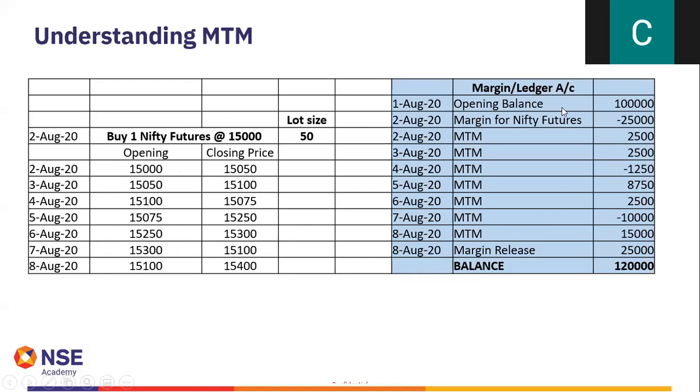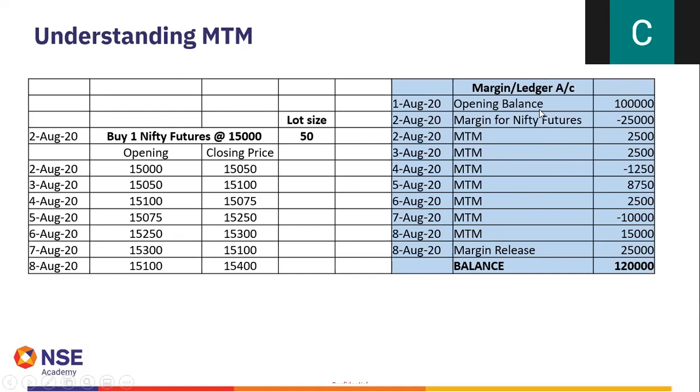Okay. Now here, coming to the margin account, as I told, we'll be opening something called a margin account with the broker. So let us understand that this is a particular ledger account or margin account with the broker in the broker books. So here I'll be paying him on 1st August 1 lakh rupees.